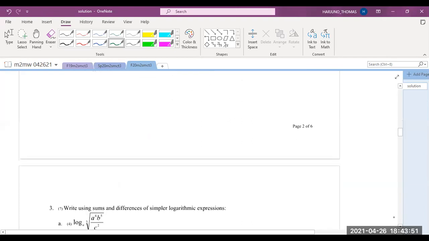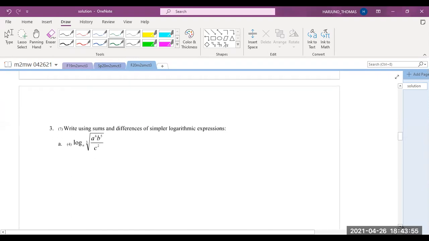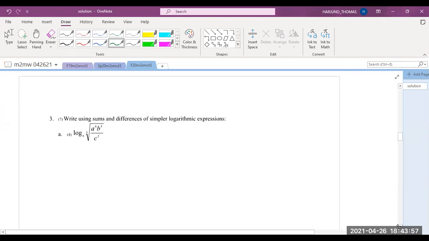Let's see number 3. Using sums and differences of simpler logarithmic expressions. This is log base a of (a to the power of 6, b to the power of 5, over c squared) to the power of 1/3, right?